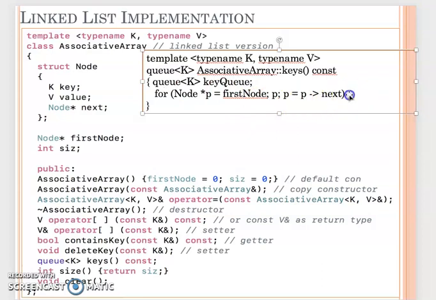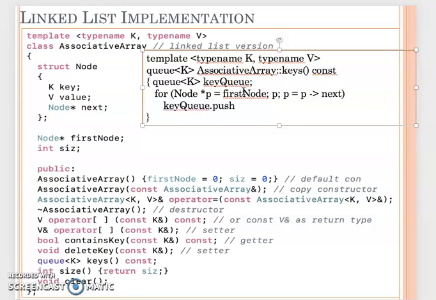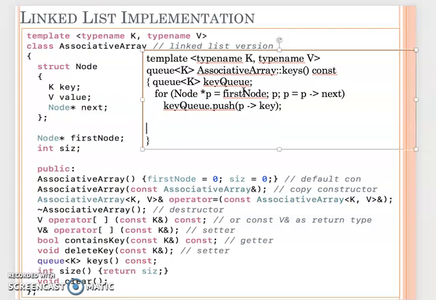So you still go over the for loop. In every iteration you have your P node, and we just need to keep pushing the key for each P into the queue. After the for loop, we just need to return this key queue.